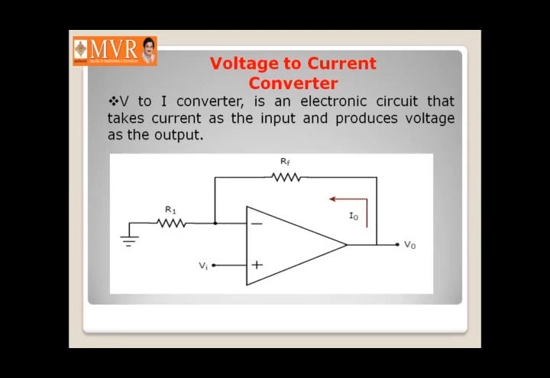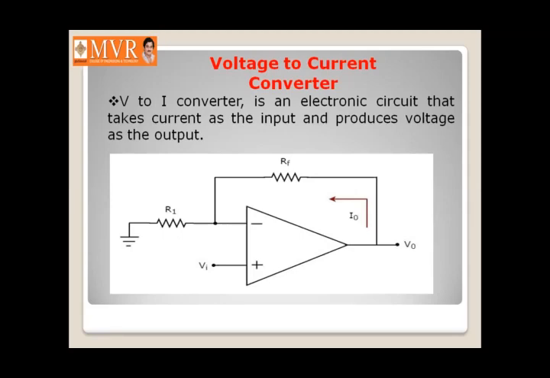Hence the voltage at the non-inverting terminal is equal to the voltage at the inverting terminal. So the voltage at the non-inverting terminal is Vi, and the voltage at the inverting terminal node will also be Vi.